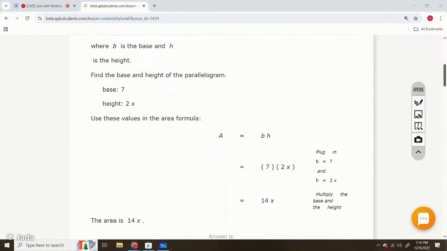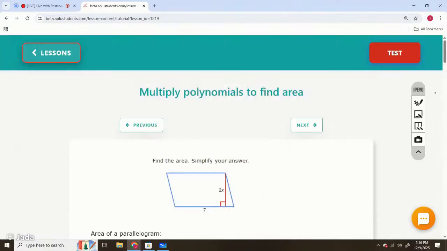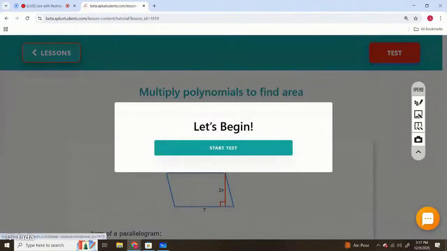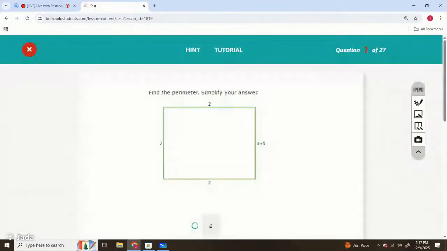Let's just start with the test questions. Find the perimeter.